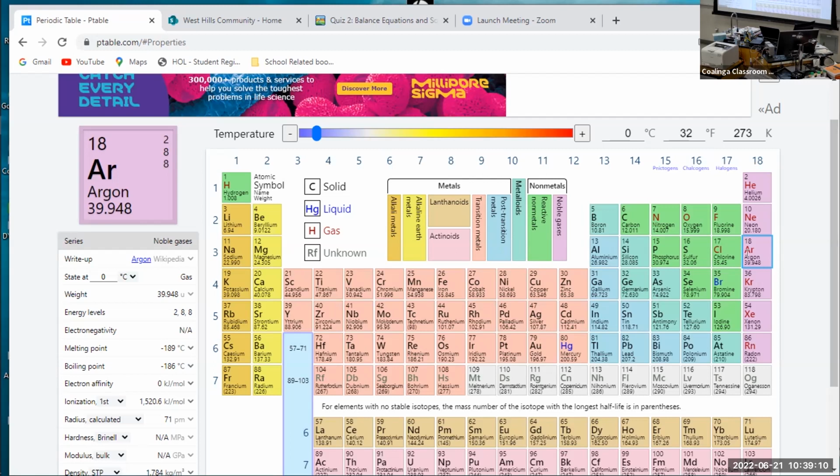Sodium, if you look at where it's located here, wants to be like a noble gas. It could gain 1, 2, 3, 4, 5, 6, 7 electrons to be like argon, or it could lose 1 electron to be like neon.